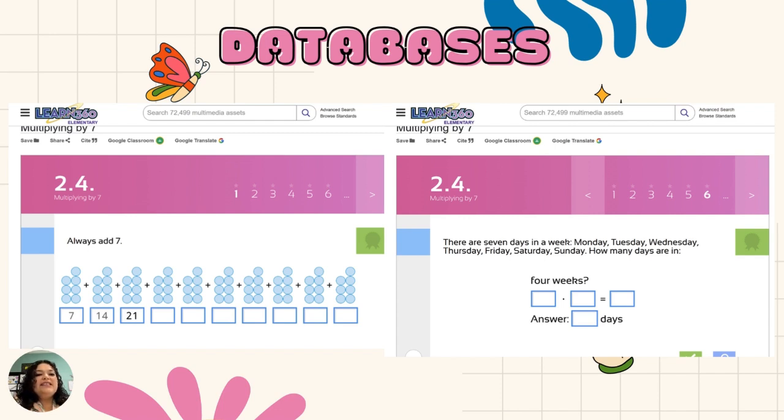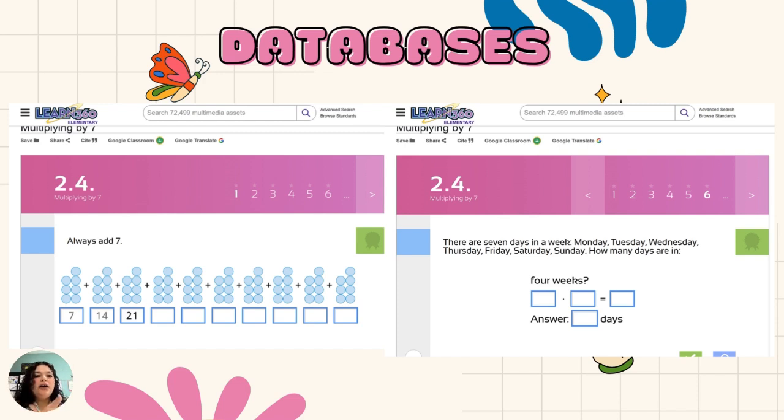Another database is the Learn 360, and this one also has different assignments on there. Again, I know we're focusing on multiplication at this level, so I screenshotted different activities for this one. This is multiplying by 7, which I heard the students practicing. I really like this one because it has different levels to it.